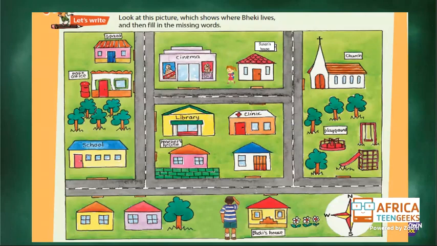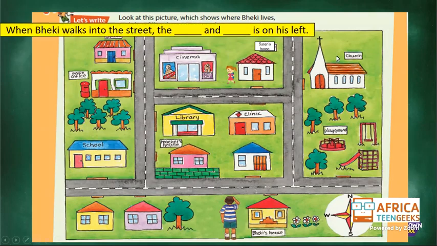JD, ma'am. Right, JD? Hello, yes, ma'am. JD, you ready to answer some questions? Okay. First question. When Becky walks into the street, the something and the something is on his left. What would you say? The church. He's at the bottom, and there's the street just in front of him.